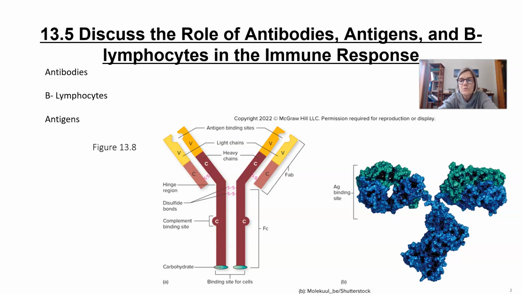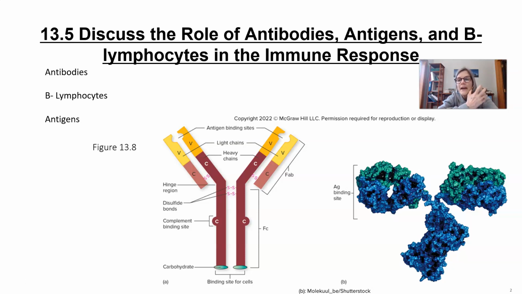Now, we have all sorts of different kinds of antibodies floating around in our blood. And how do the B lymphocytes know what antibodies to make? Well, they get exposed to antigens. Antigens are foreign molecules. In fact, the word antigen came from the concept of antibody generator.